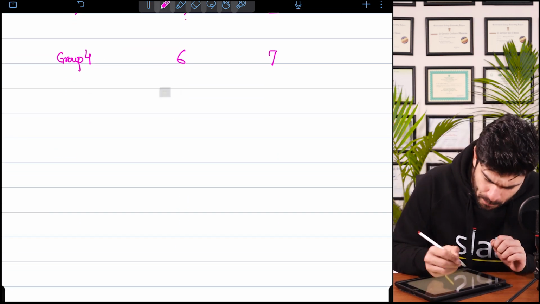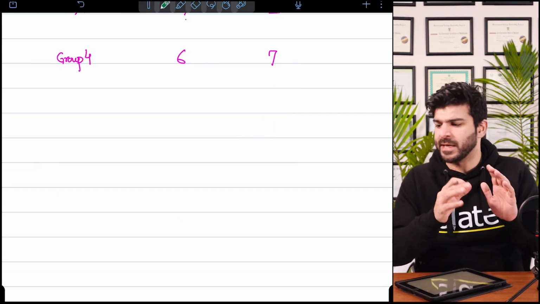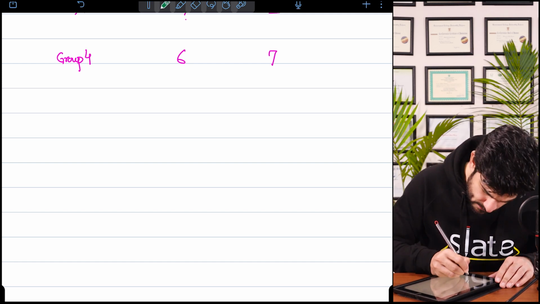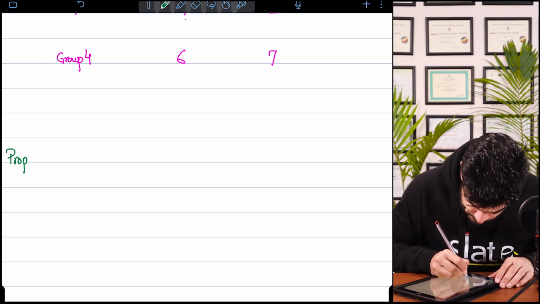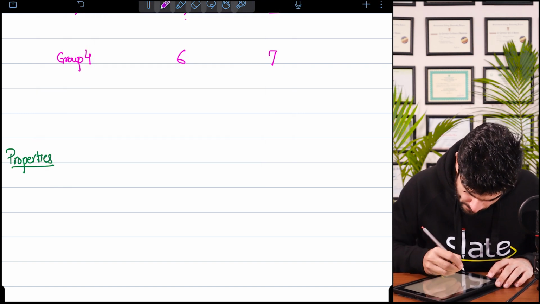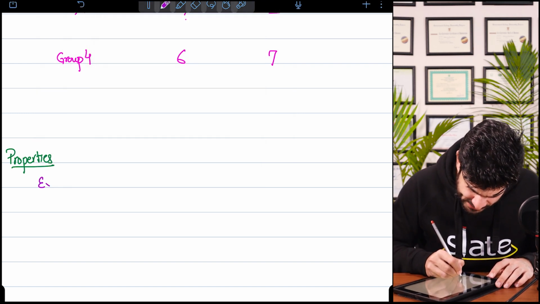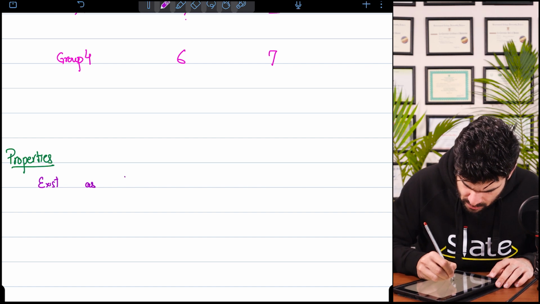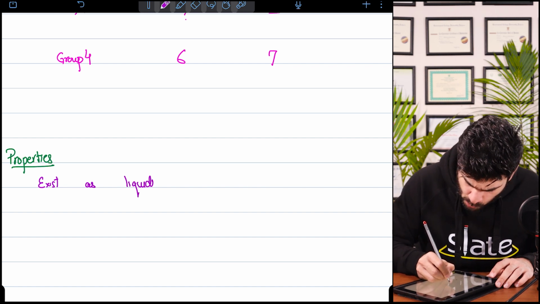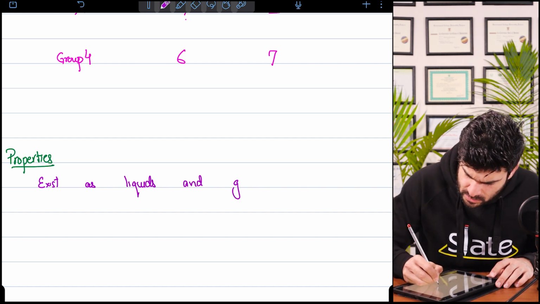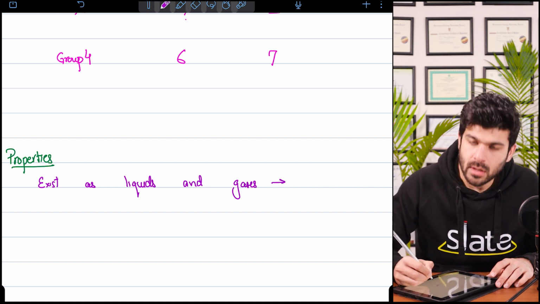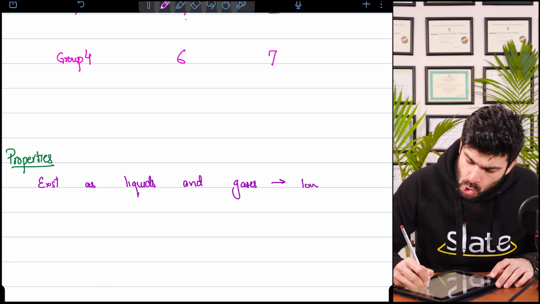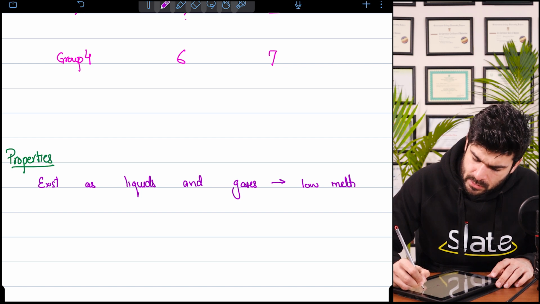So now let's talk about the properties of covalent compounds. We have discussed many structures. Properties are very important. Just 2 properties. They exist as liquids and gases, which means they have low melting and boiling point.